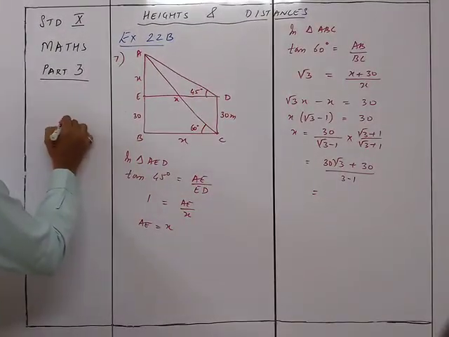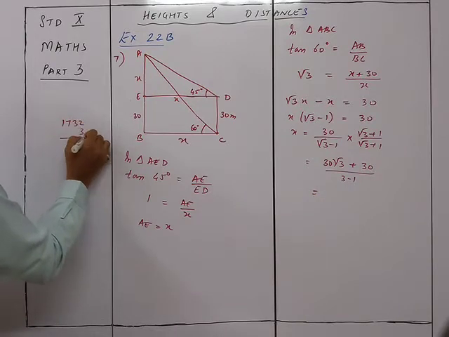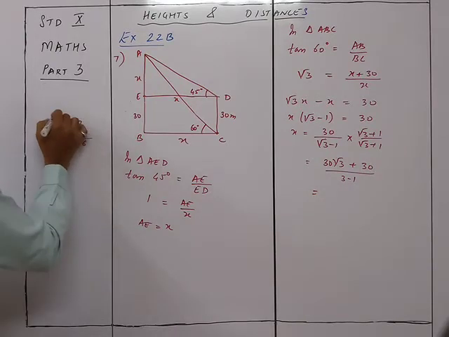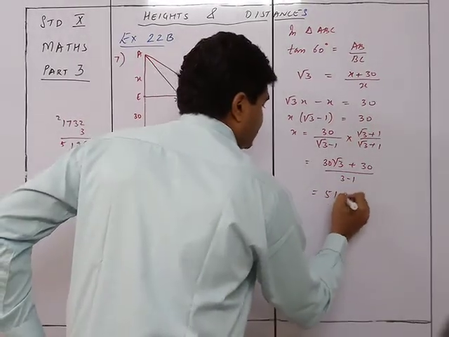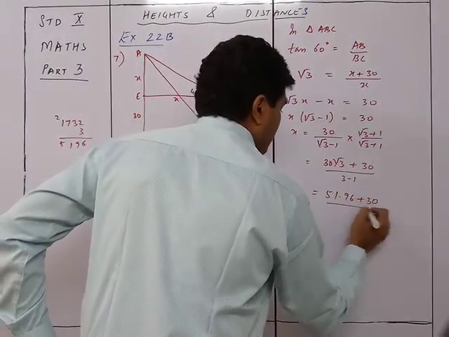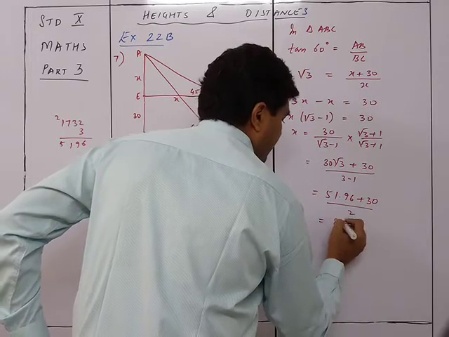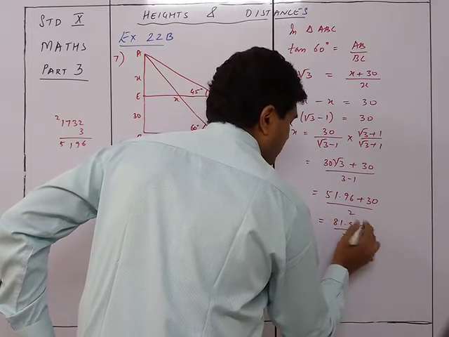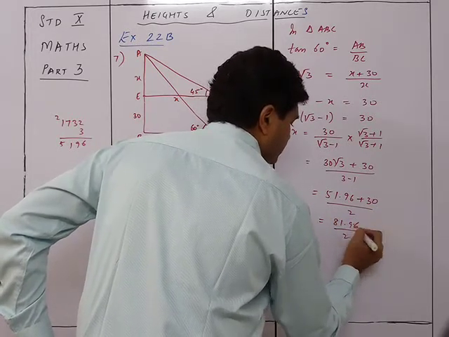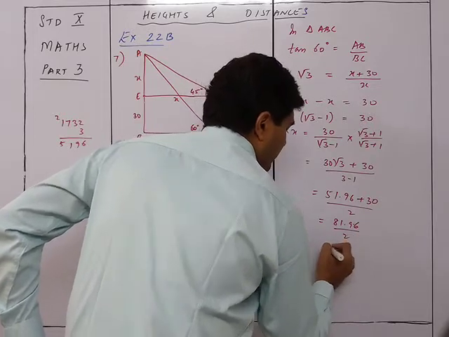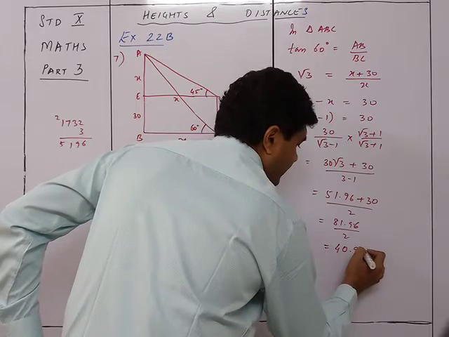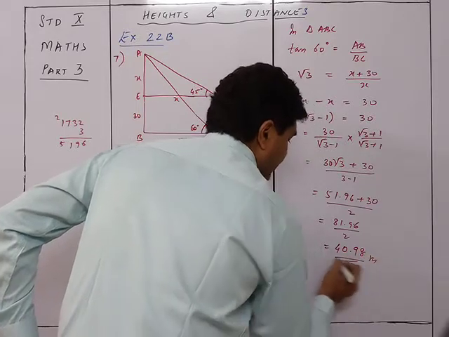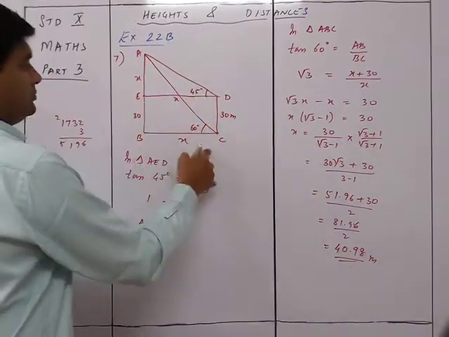So it is 1.732 into 30, that is 51.96, plus 30 upon 2. That will be 81.96 upon 2, that will be equal to 40.98 meters. So that is the value of x.